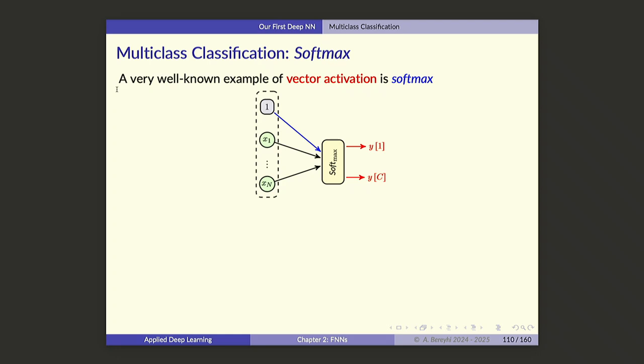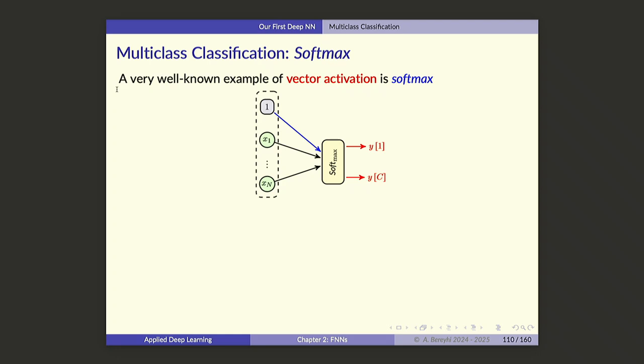Now, what's going to happen if I compute yi like this for every single i, and then I add up all of these yi's? It's going to sum to 1, right? So this is a cool function. This is computing a probability out of this whole vector.